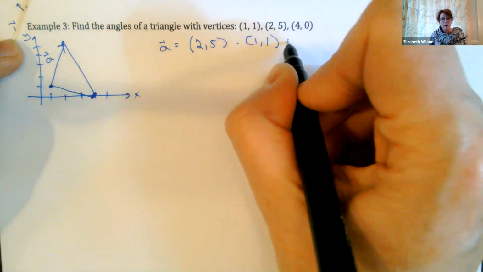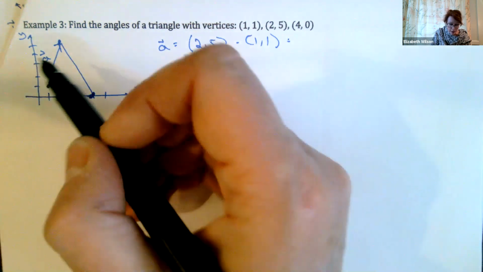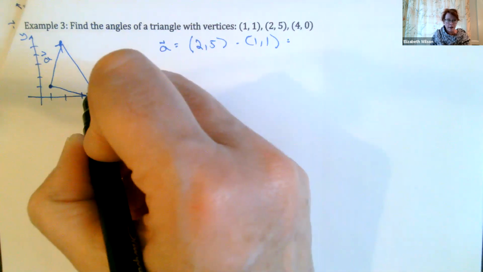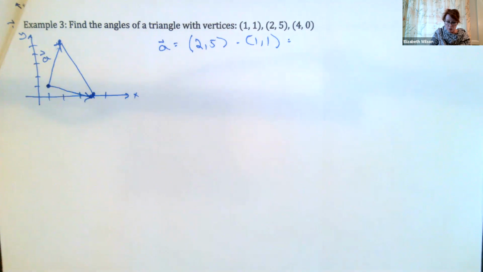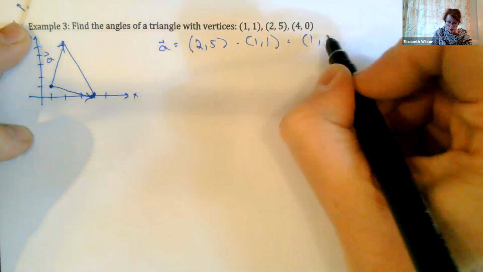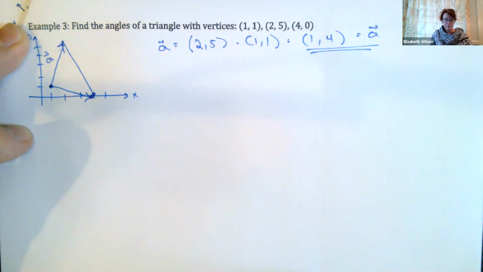It doesn't matter as long as you're consistent, so this is my initial point right there. I'm going to line up my initial points between these two vectors. So 2 minus 1 is 1, and 5 minus 1 is 4. So this is my displacement vector A.